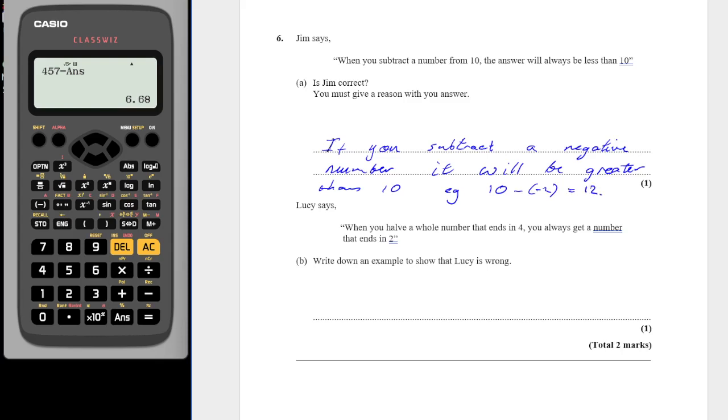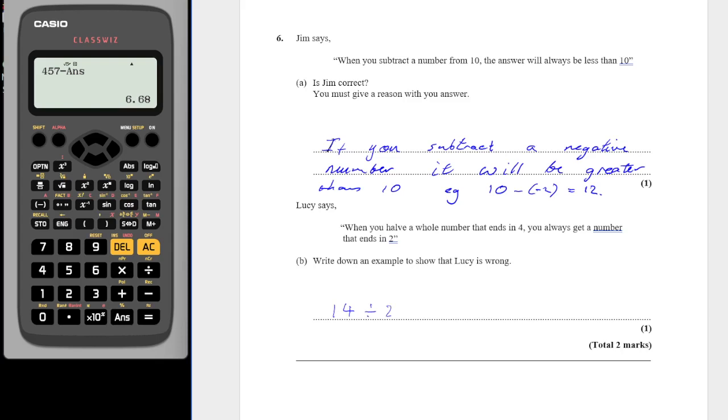Lucy says, when you halve a whole number that ends in 4, you will always get a number that ends in 2. Write down an example to show that Lucy's wrong. So Lucy would only be right if the tens unit is even. Well, strictly speaking, that's not necessarily true. But an example would be if I did 14, so my tens unit is odd.